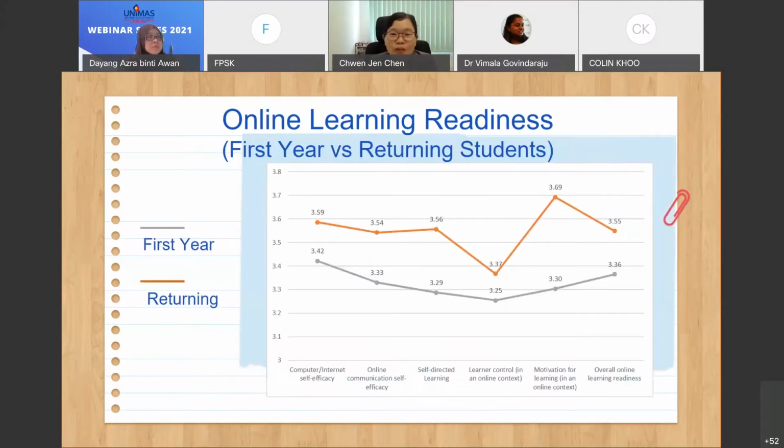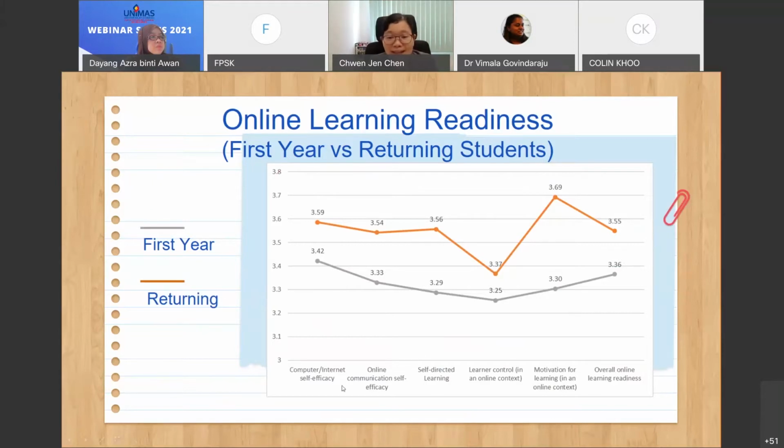And then if we compare the returning students and the first year students, statistically, it was found that the online learning readiness of returning students is significantly higher than that of first year students. So if we're teaching first year students, maybe we need to do a little bit more to help them be more ready for online learning.